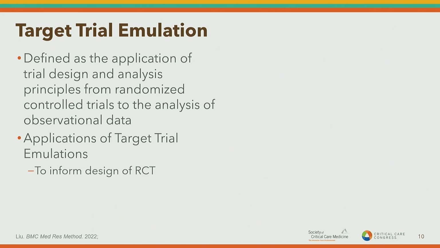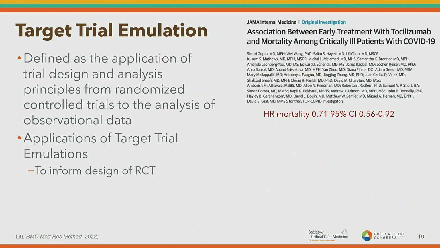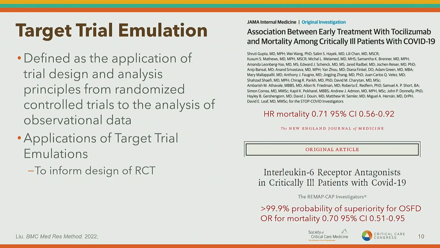Now, there are different applications to these target trial emulations. One is to inform the design of randomized controlled trials. This is an example from the STOP-COVID investigators looking at tocilizumab and mortality in patients hospitalized with COVID-19. Subsequent to this observational study, REMAP-CAP published on their randomized controlled trial on IL-6 receptor antagonists in critically ill patients with COVID-19.